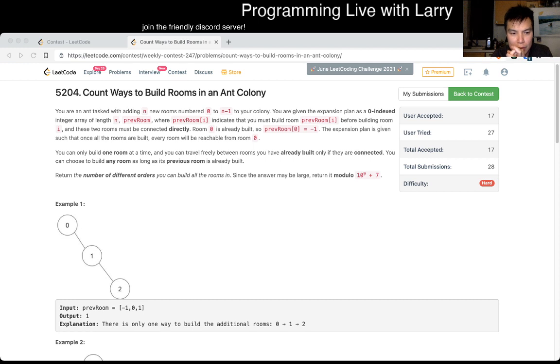This is a tree though, not a DAG. Does that make it easier?